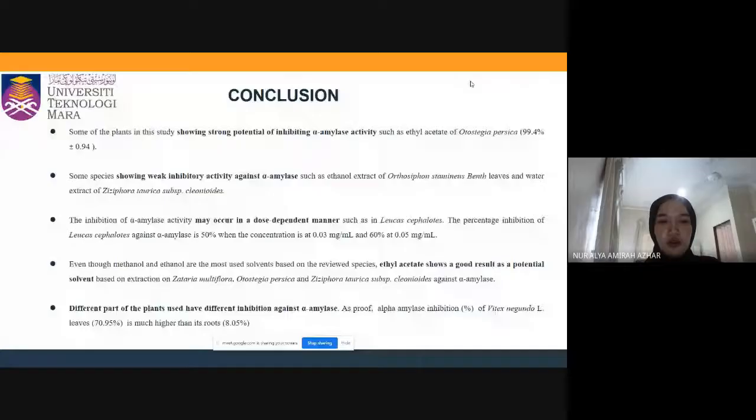And even though methanol and ethanol are the most used solvents based on the reviewed species, ethyl acetate shows a good result as a potential solvent based on extraction of several species against alpha-amylase. And different parts of the plant used have different values in inhibiting alpha-amylase. For example, the Vitex negundo L leaf inhibits alpha-amylase much higher than its roots.